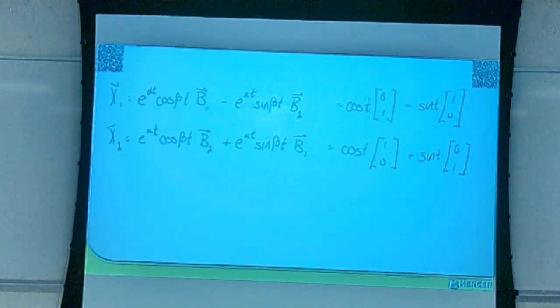Those are your two solutions, which we're going to have to rewrite.